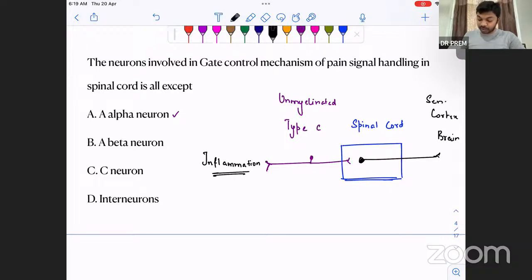And within the spinal cord, we're also going to see another neuron. And this is going to be an interneuron, doctors. And this interneuron is going to block the postsynaptic neuron.